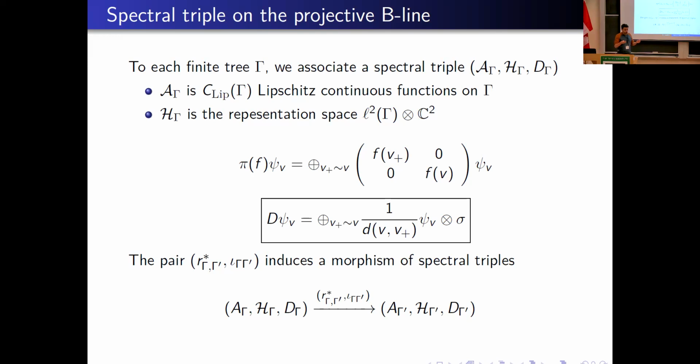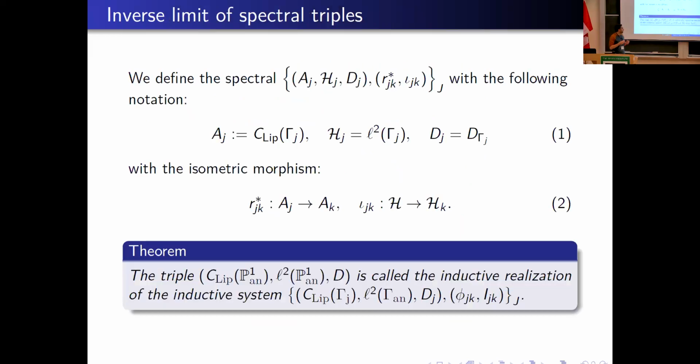And because you have an inverse limit, you can define a morphism of spectral triples between two graphs, and then you can take the limit of a spectral triple, and you have constructed a spectral triple on this Berkovich space as an inductive limit.